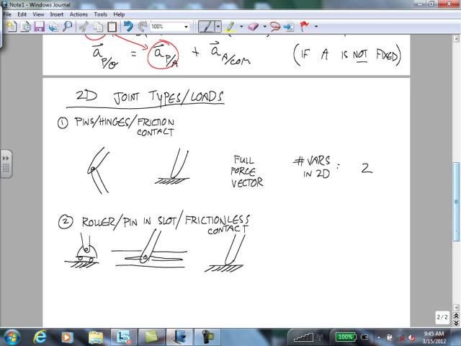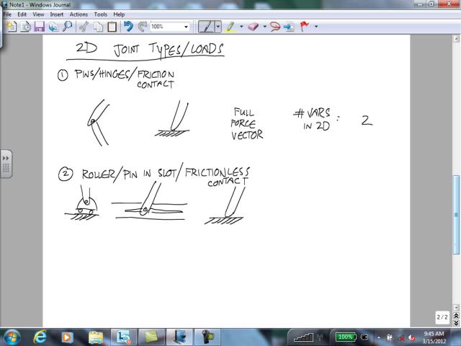Third is a fixed or a weld joint. You can treat these as a joint, or you can just treat both of the 2 things that are connected as a single body. But if you want to treat this as a joint, it'll look just like this, or like this.